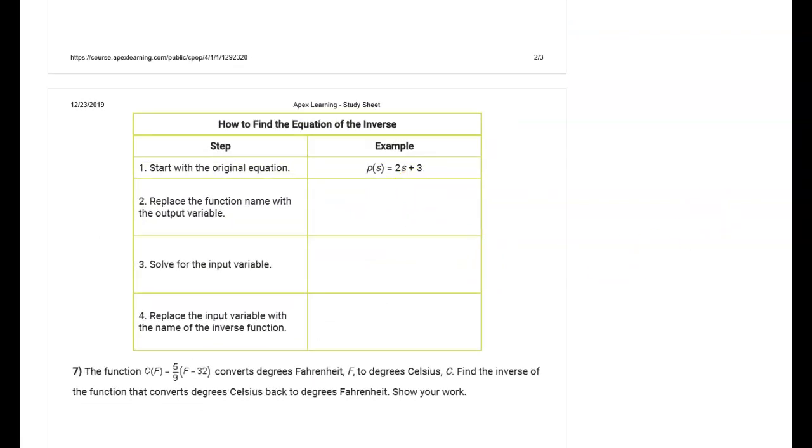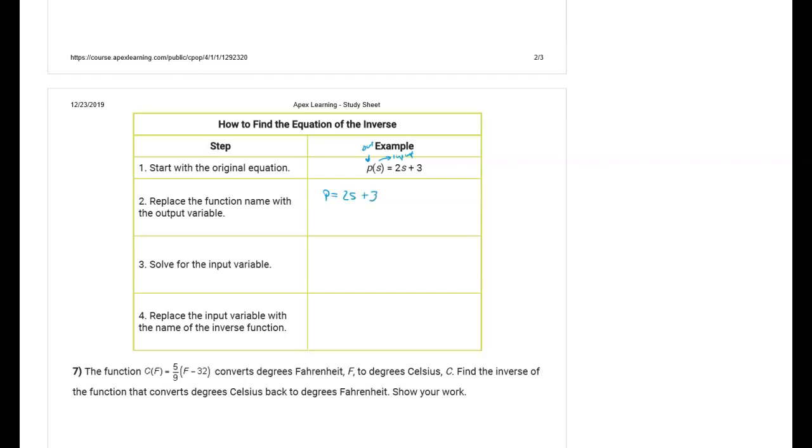For this next example, they're going to have you approach it slightly differently than the one above. We read this as function p, so this here represents your output, and this here represents your input. We're going to write this as our output equals 2 times our input plus 3.